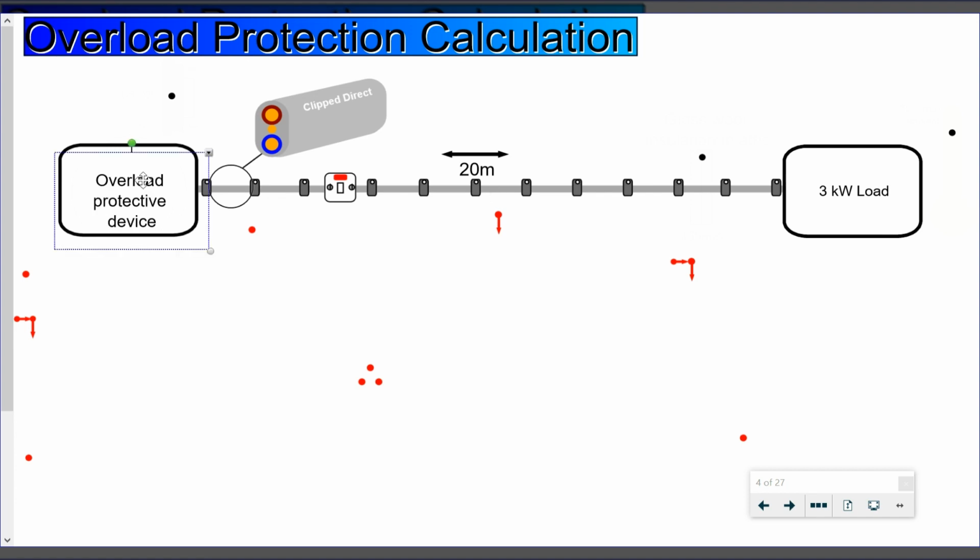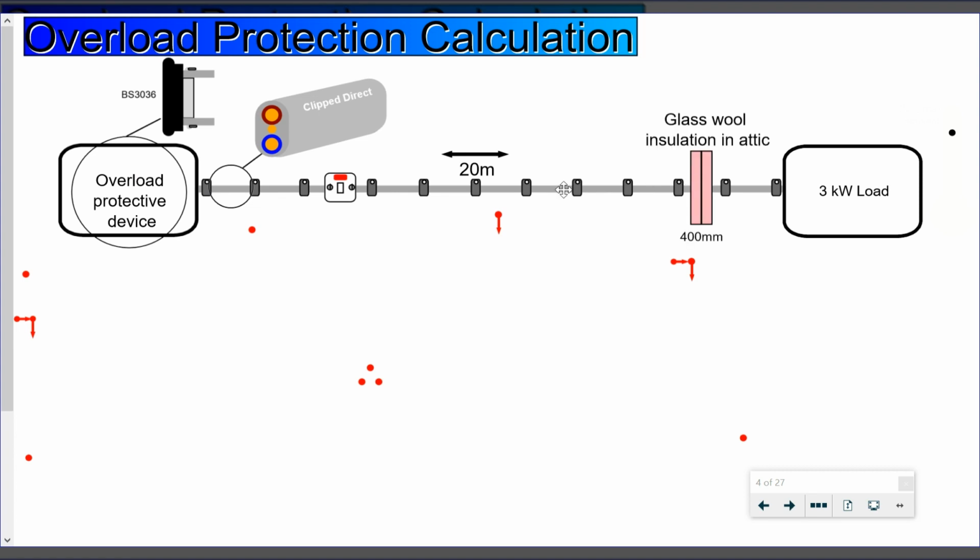At the origin of the supply, we have a BS3036 fuse board. Other key relevant pieces of information: as the cable moves into the attic, it goes through 400 millimeters of glass wool as it's entering the attic, totally surrounded. And in general, the ambient temperature in the location reaches a maximum of 30 degrees C.